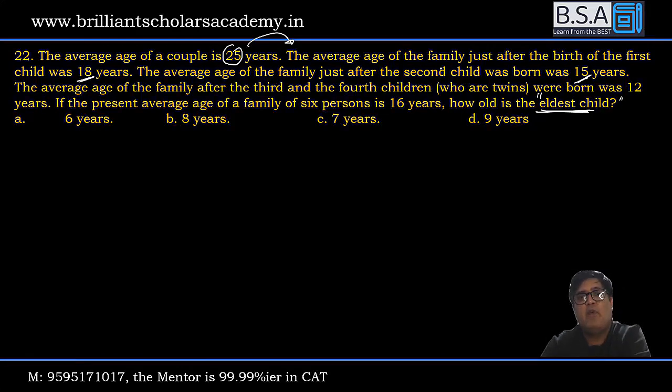And third and fourth child were twins. When they were born, the average age was 12 years. The present age of the family is 16 years. How old is the eldest child? Eldest child का age क्या है? 6 years, 7 years, 8 years, 9 years.